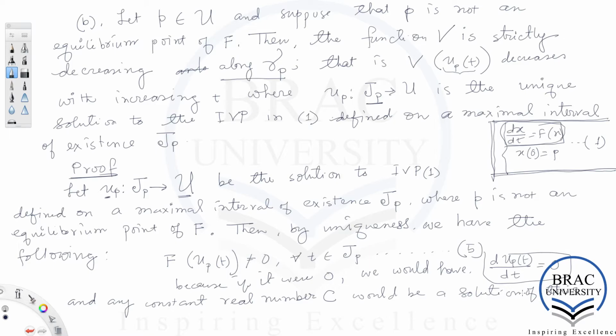That is, up of t is equal to c would be a solution, for an arbitrary real number c, violating the uniqueness of the solution.